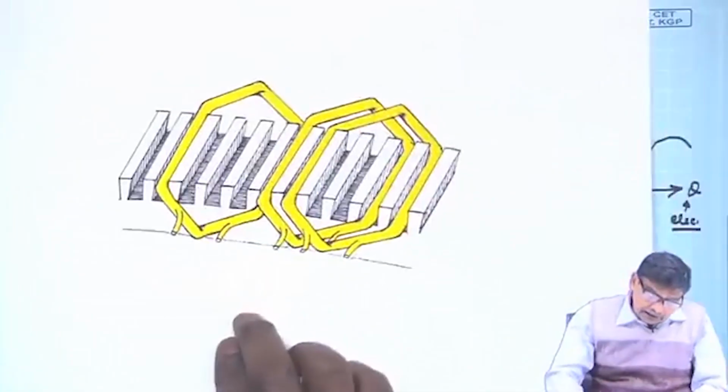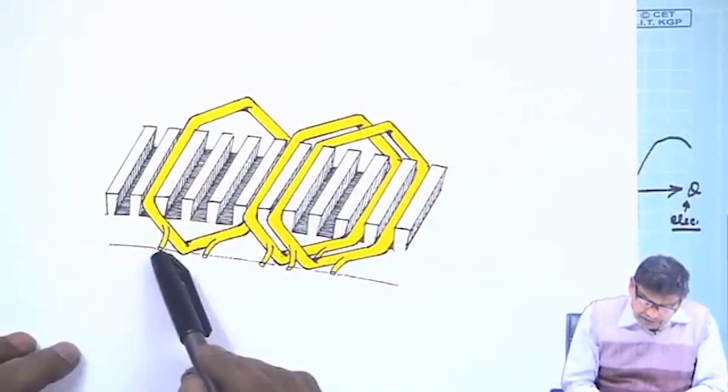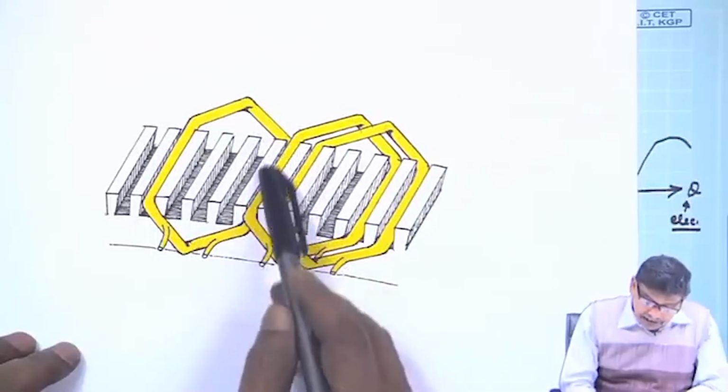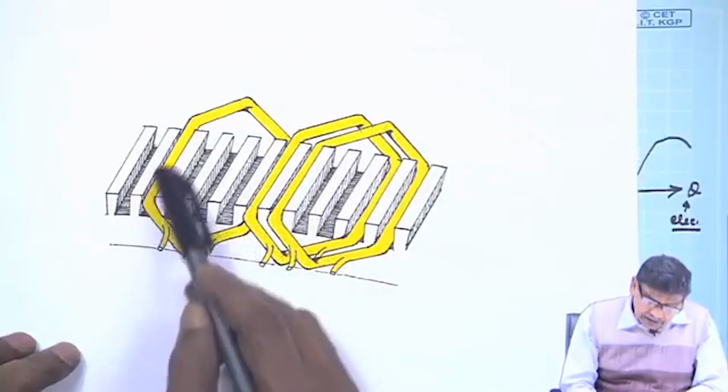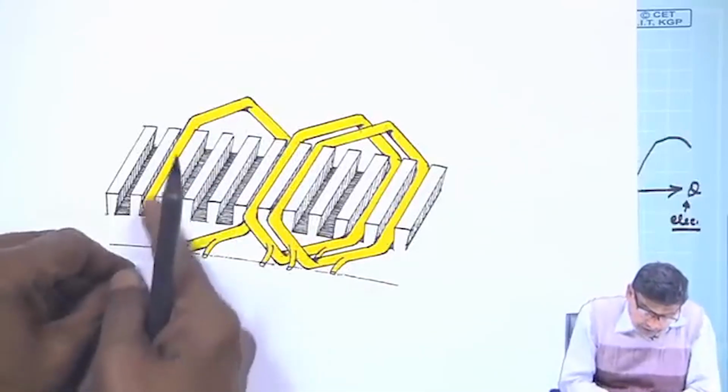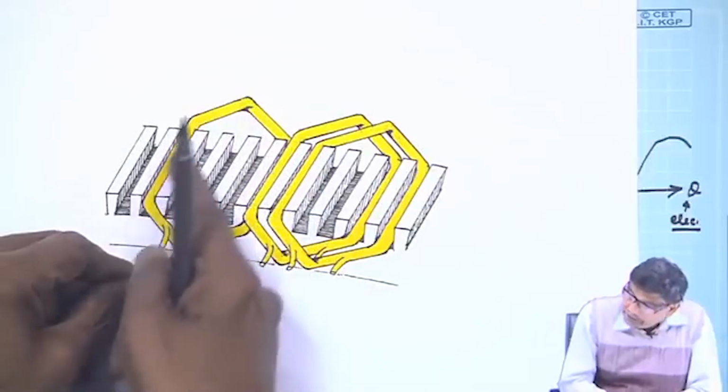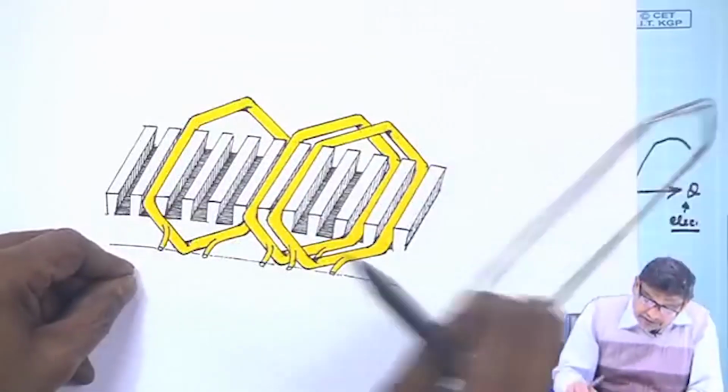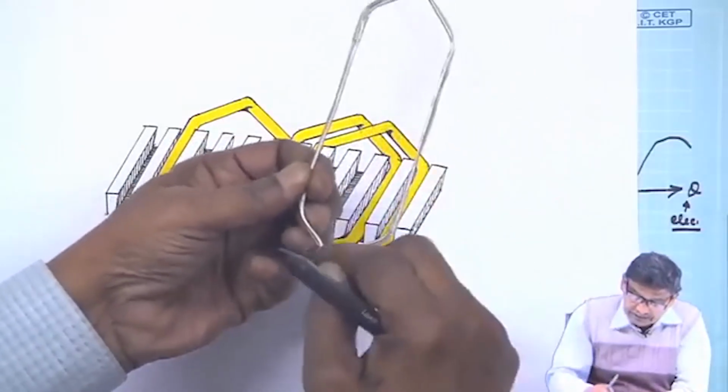Recall that a coil means like this. It will have a multi-turn thing. You take a piece of wire and go around it several times like this. Here I have moved twice.